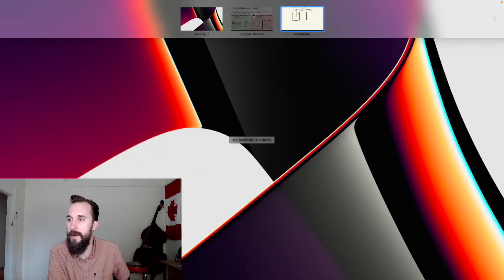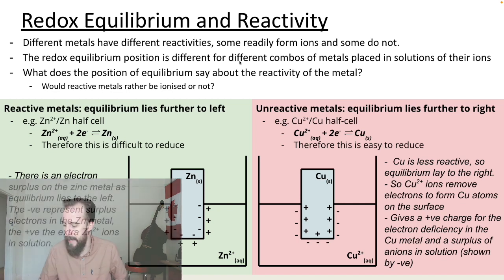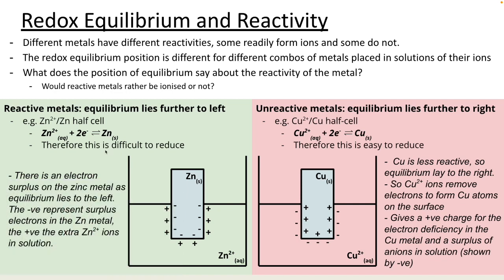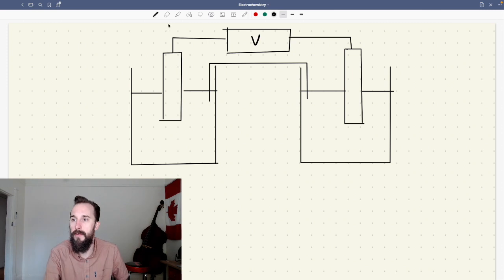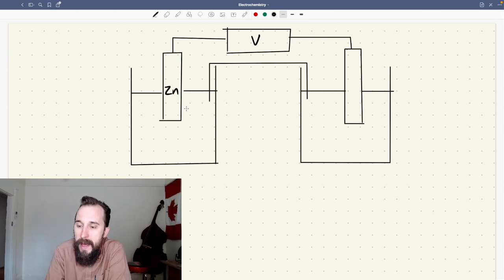So we want to look at combining these two half cells. In one of them, we're going to have the zinc redox equilibrium. And the other one we're going to have the copper redox equilibrium. So let me say that we're going to pop the zinc on the left-hand side. Doesn't really matter which side you do, as long as you are consistent with everything.